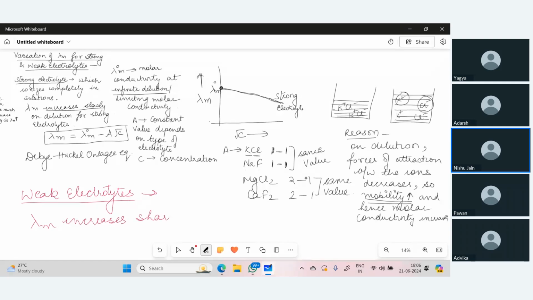In case of weak electrolytes, lambda m increases sharply.